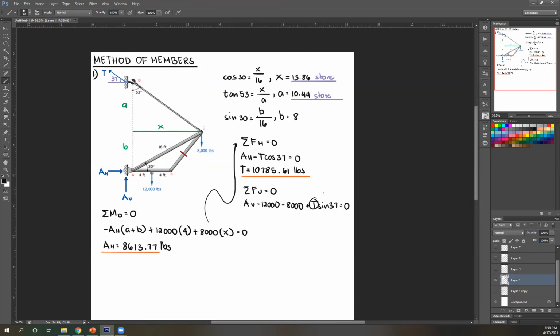Now this is why, again, we solve for T first, so that I can use this equation in solving for AV. So now that I know T, solve for AV. And again, you're going to want to store. So using the stored value, solving for AV, you're going to get 13,509.06 pounds.